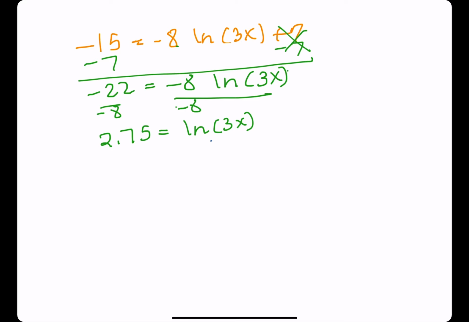So remember, there's a little imaginary e right there. And I'm ready to loop and swirl. So I'm going to go e to the 2.75 power equals 3x. And my last step is to divide by 3.